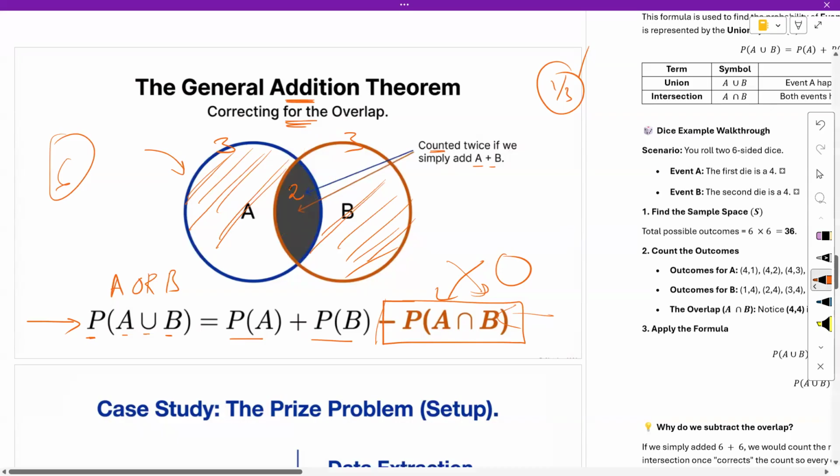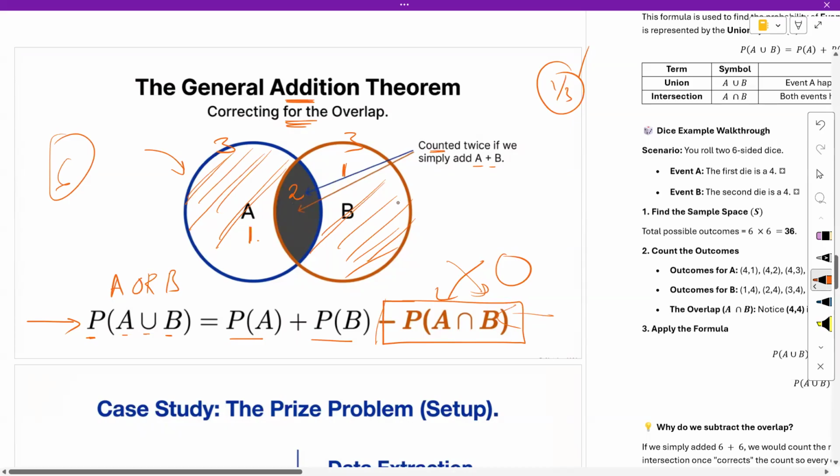If it is 2, then what's the value here for A alone? 1. What's the value here? 1. Now tell me, 1 plus 2 plus 1 equals what?